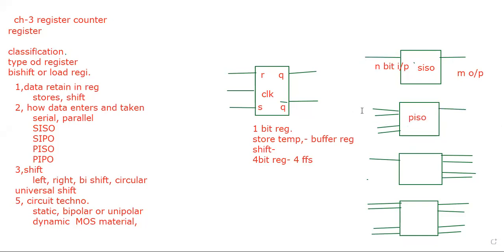In this case we have to write over here, this is LSB, least significant bit, and this one is MSB, most significant bit. And here it is an M-bit output. Similarly, here it is N-bit. Over here I'm not going to describe all.